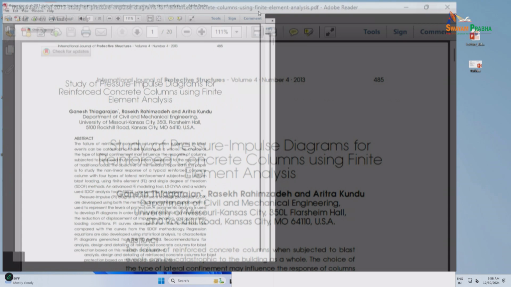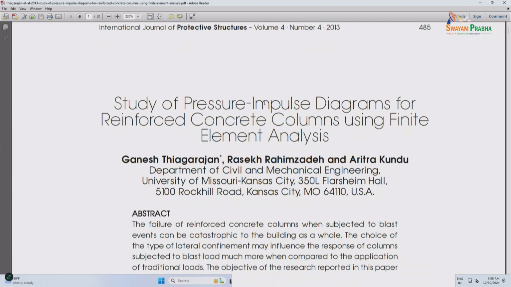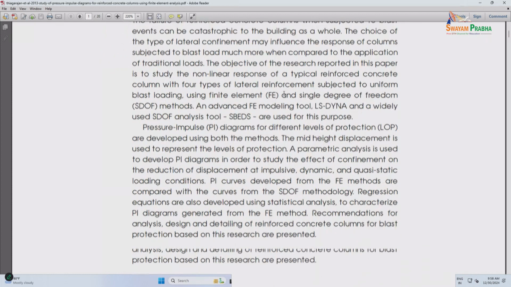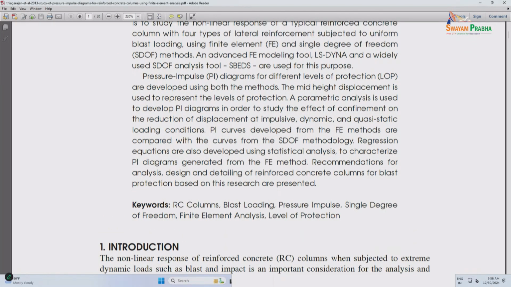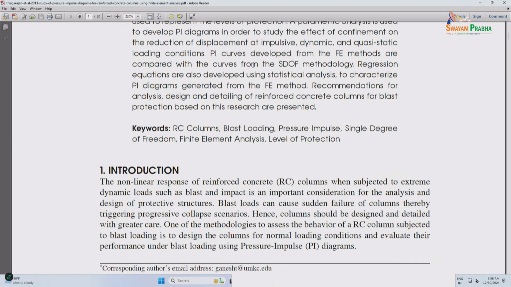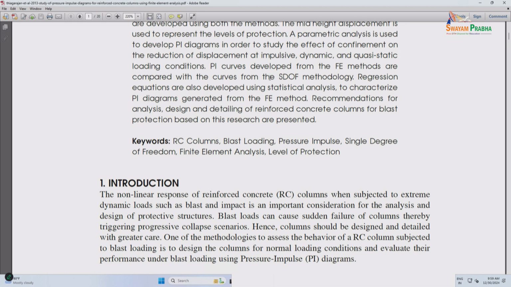We took reinforced concrete columns and used finite element analysis for this purpose. We used LS-DYNA and we also compared with a tool which we don't have anymore. I used SDOF analysis also. So PI curves developed from FE methods are compared with curves from the SDOF methodology.